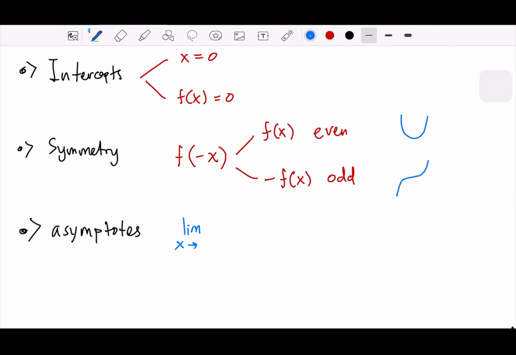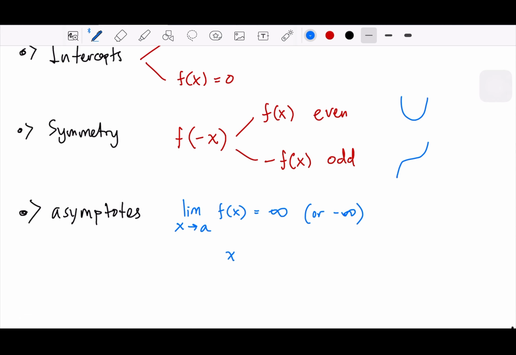So let's say x is going to approach a. You can think of this x getting close from the left or right of a. If the result of this limit is infinity or negative infinity, then x equal a is our vertical asymptote.